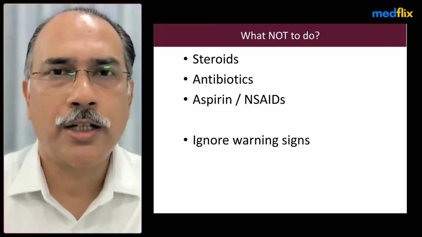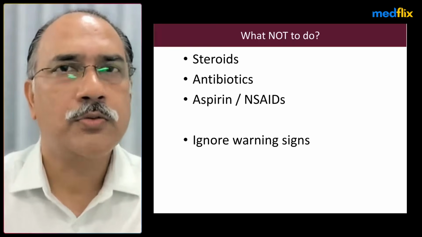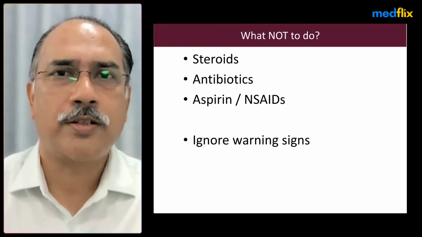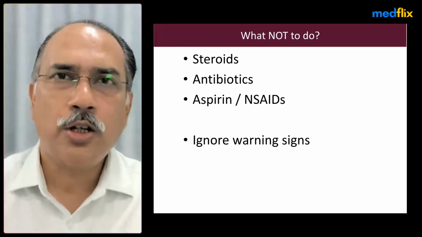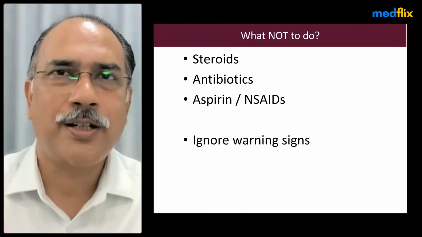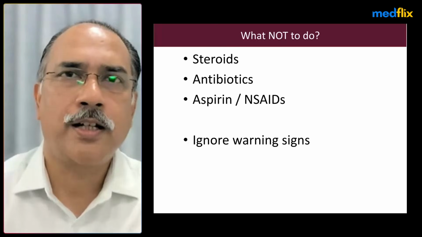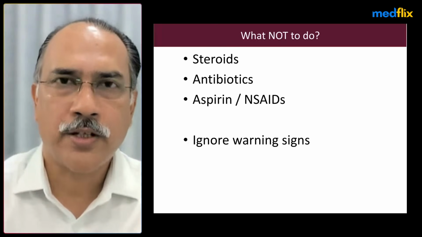But what should we not do? So we should not give steroids. Children in chikungunya do not require steroids, almost never require steroids. Do not give antibiotics unless indicated. Please do not give antibiotics for dengue fever. Please do not give antibiotics in the first 48 hours unless you have a localized bacterial infection.